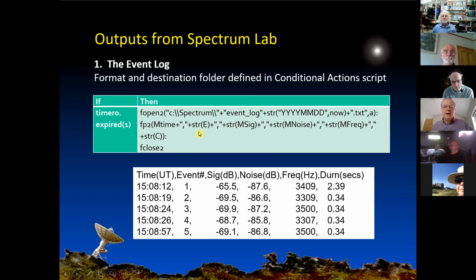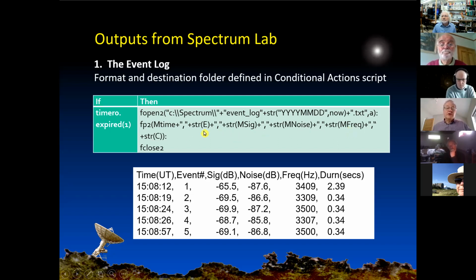So we give each event a reference number which restarts each hour. That's the amplitude of the meteor scatter. That's the background noise. That's the maximum Doppler shift.